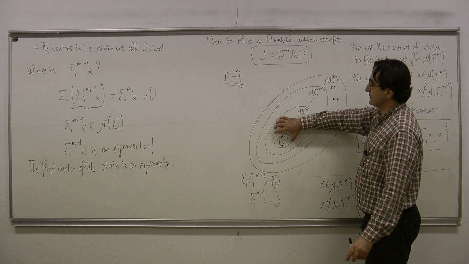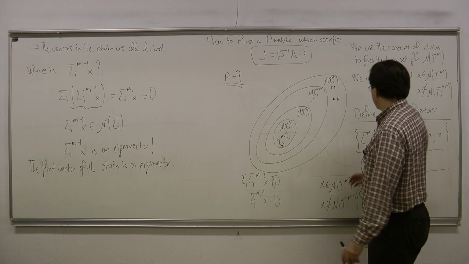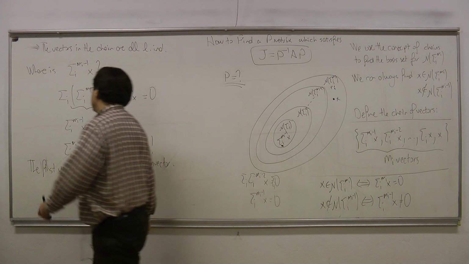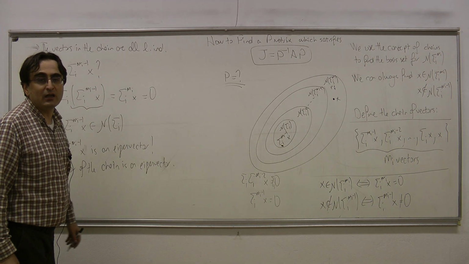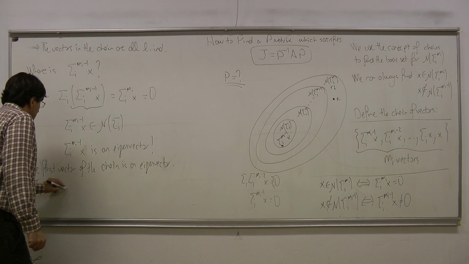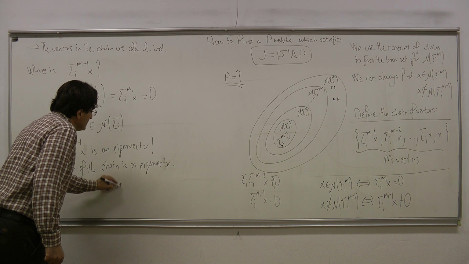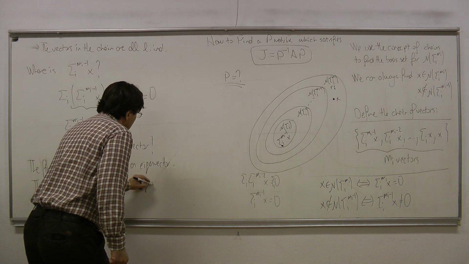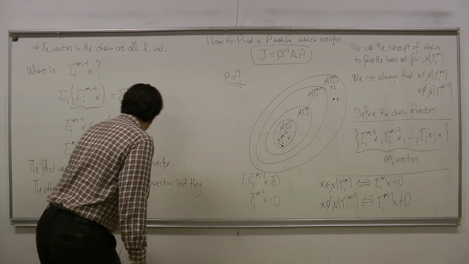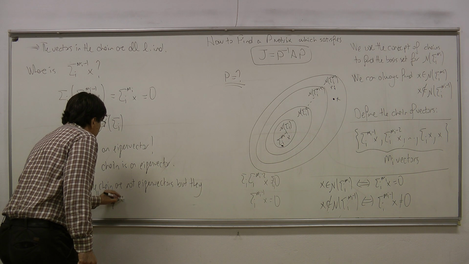So none of the other vectors are going to be inside this innermost circle. None of the other vectors would be an eigenvector, but we will call them generalized eigenvectors. The other vectors in the chain are not eigenvectors, but they are called generalized eigenvectors.